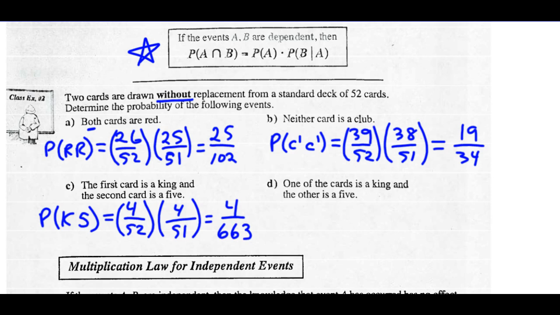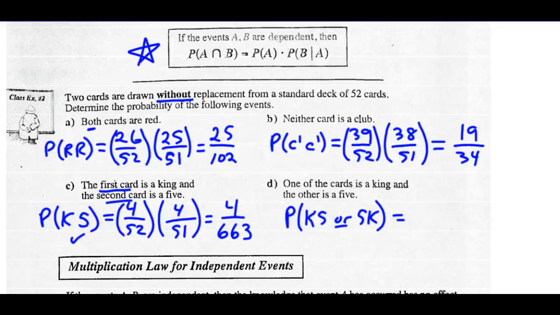And D, one of the cards is a king and the other is a 5. So this is probability king 5 or probability 5 king. Doesn't say what order now. This one told us the first card was a king, the second one is a 5. This says one's a king, one's a 5. All right. So if I look at it, we've got the king 5 one already over here.